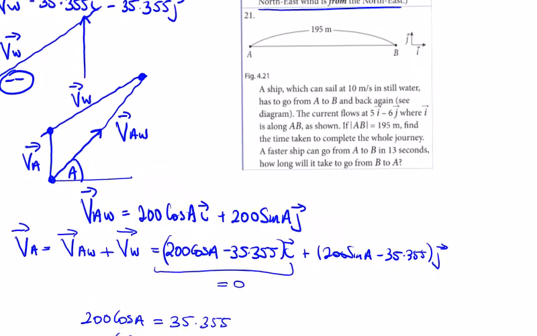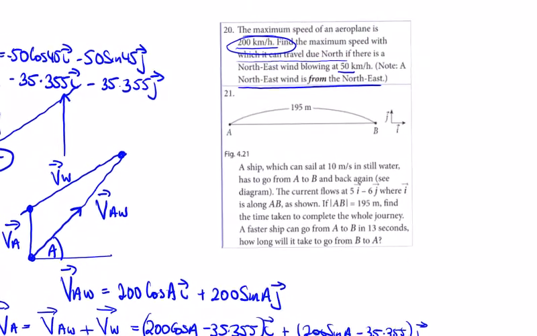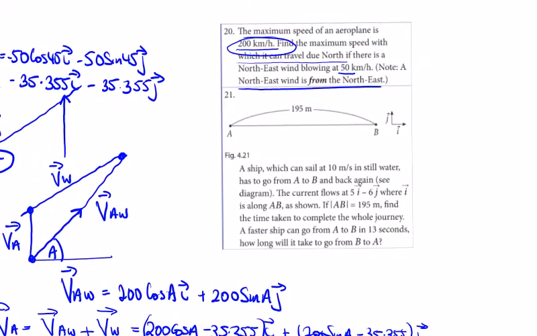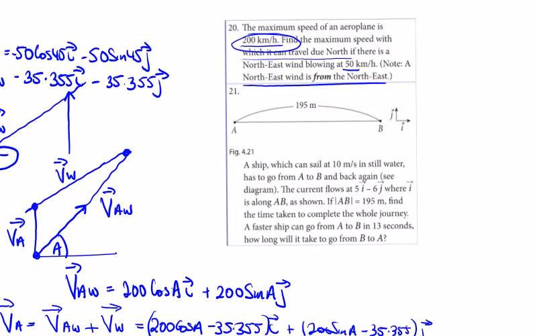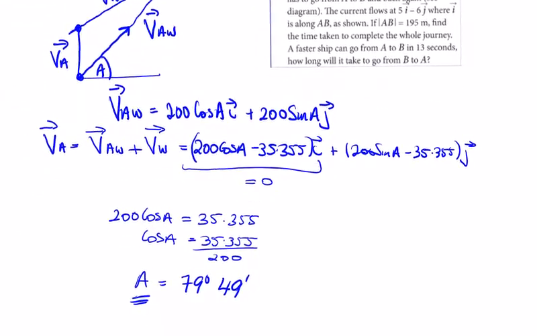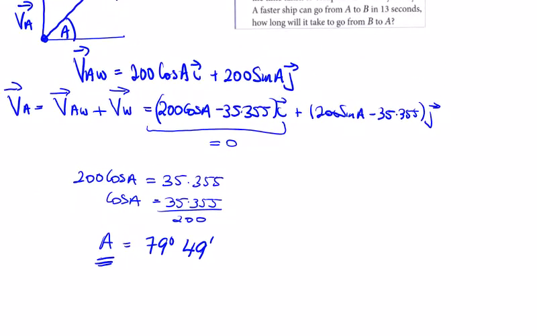What were we asked for? We were asked for the max speed. Find the max speed it can travel due north. Okay, so we're going to have just this component here.